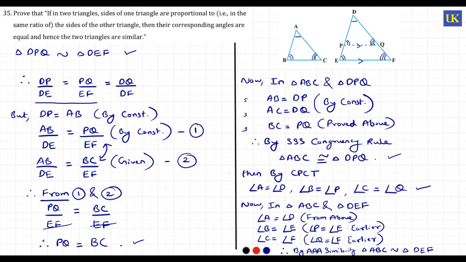Here, whatever we wanted to prove in the to-prove part, we have proved that A is equal to D, B is equal to E, and C is equal to F. So all three things we have proved here. Then we have also proved that both these triangles are similar. So that is what was asked to prove in this theorem. So we have completed and proved each and everything.